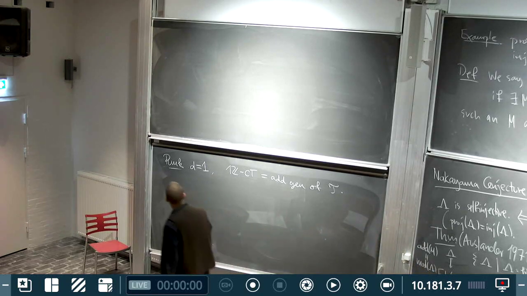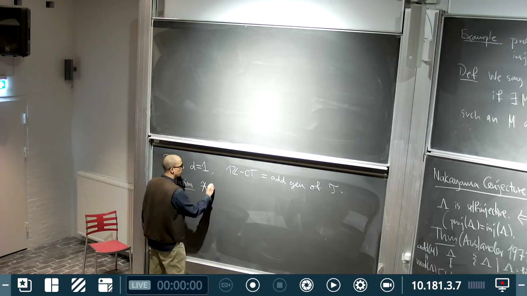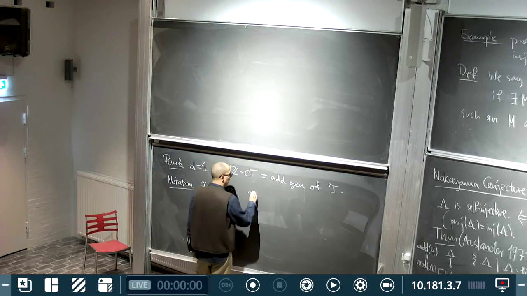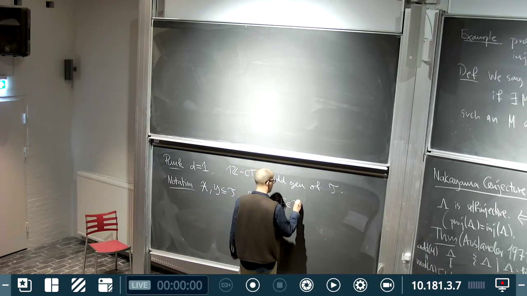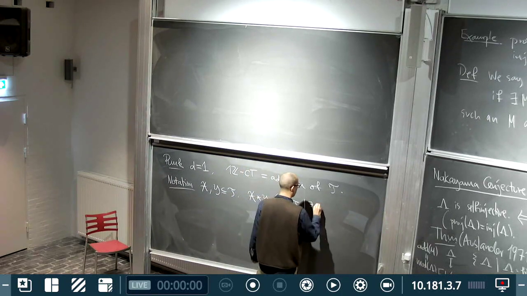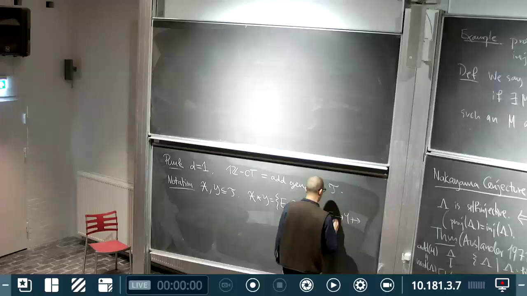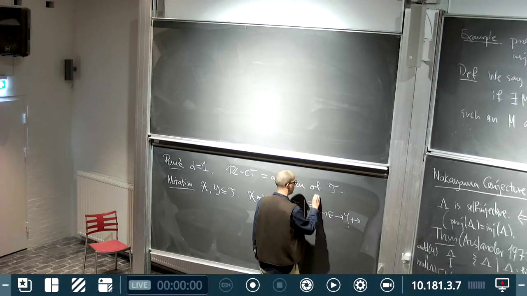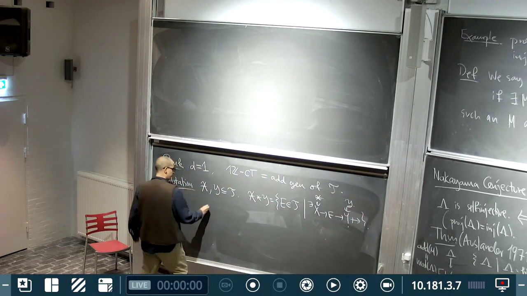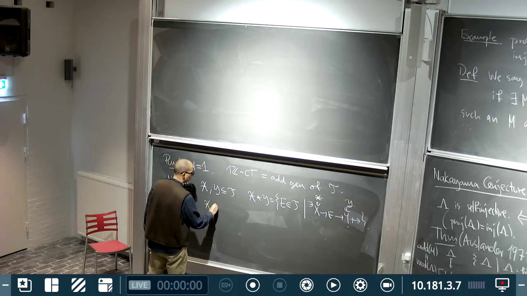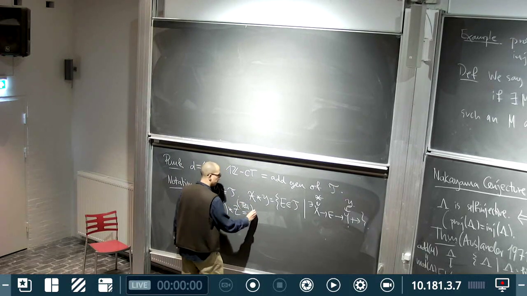Then I will need to state the next proposition, and I need some more notation. Given two full subcategories X, Y of T, I'm going to write X star Y for the full subcategory consisting of all the objects in T that are extensions, in the triangulated setting, of objects in X and in Y. This operation is associative as a consequence of the octahedral axiom.